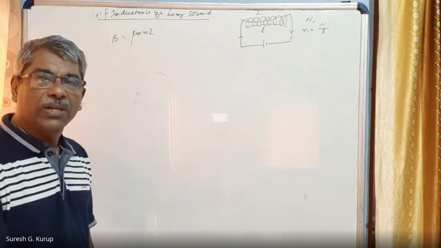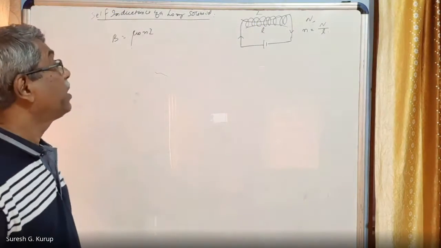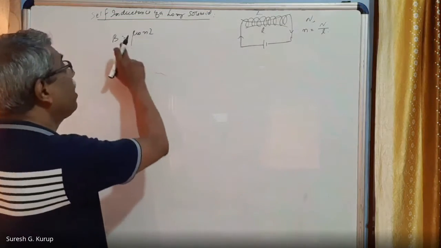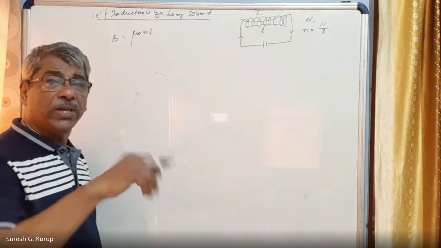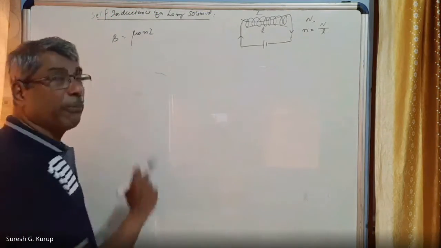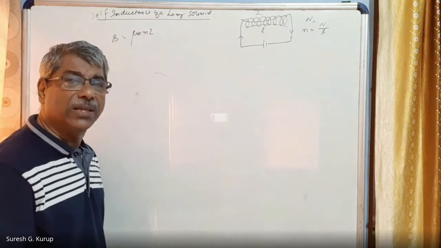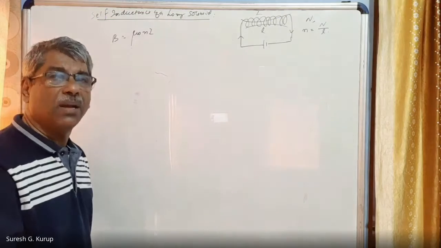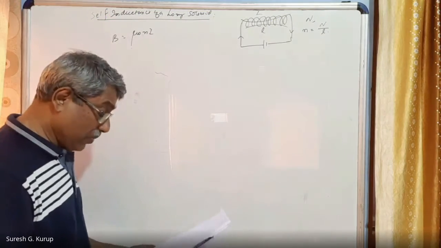These were the two applications of Ampere circuital law. The intensity of magnetic field is also called magnetic flux density. It is given here, right?